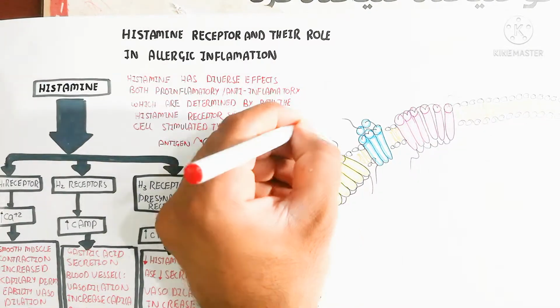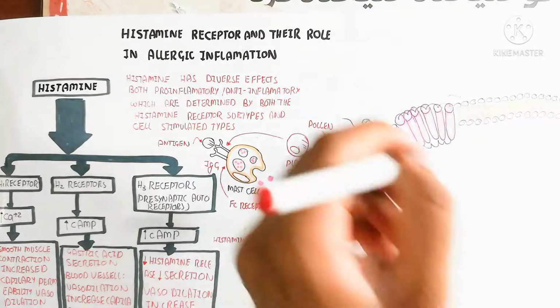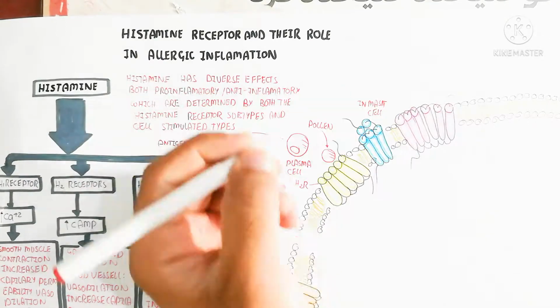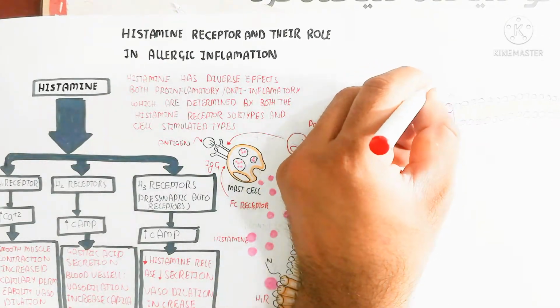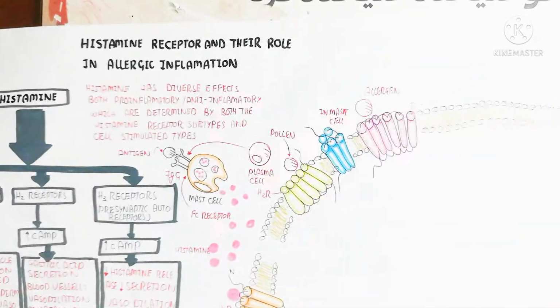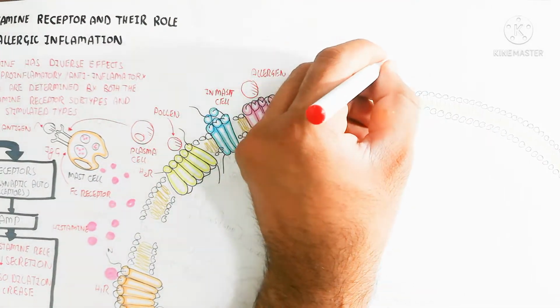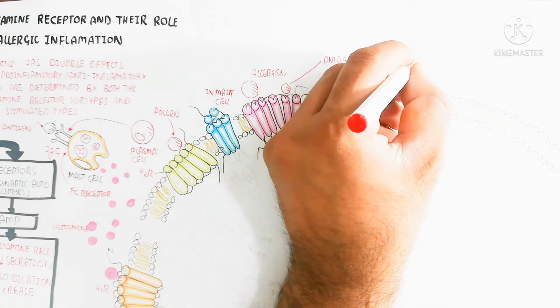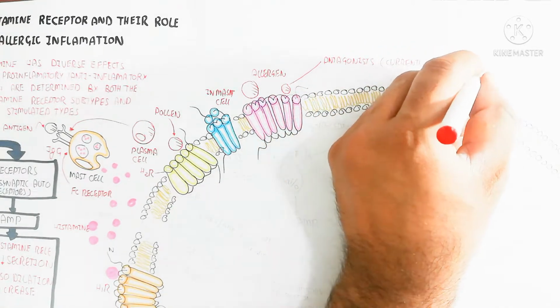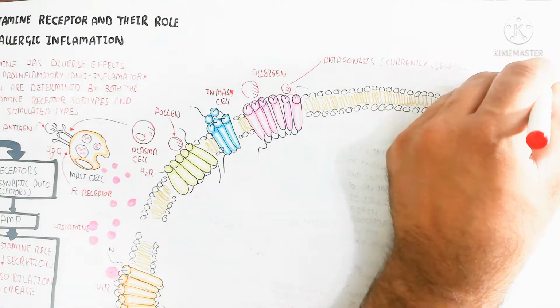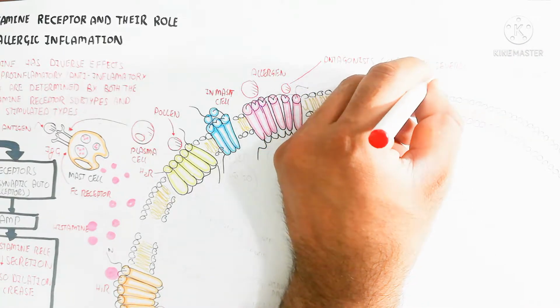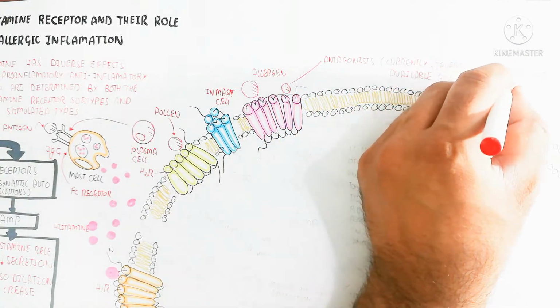For example, here is the H2 receptor and this is the H1 receptor. In the mast cell, the receptor contains gamma and beta subunits, and here is the inside, and this is the extracellular domain and intracellular domain of the receptor. Here are the antagonists we can use for prevention of this allergic reaction.